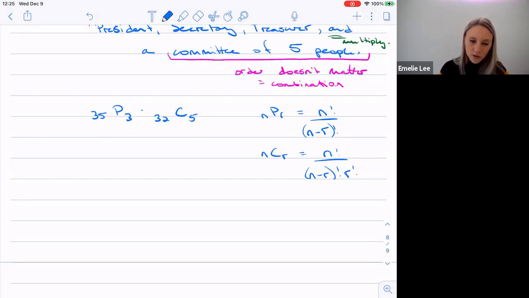Okay. So if you don't have a calculator that does this on hand, then you would have to use the factorials, which could get a little nasty, especially because you've got 32 choose 5, so that's pretty large.